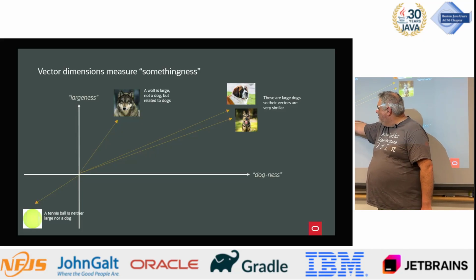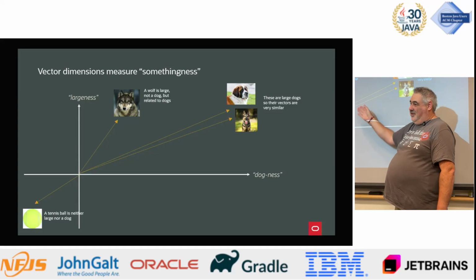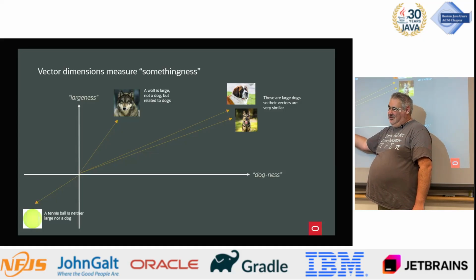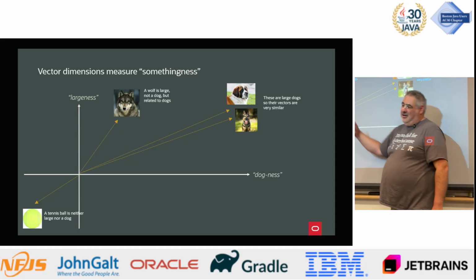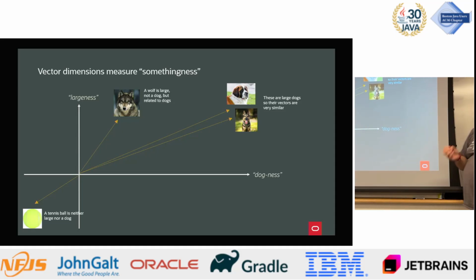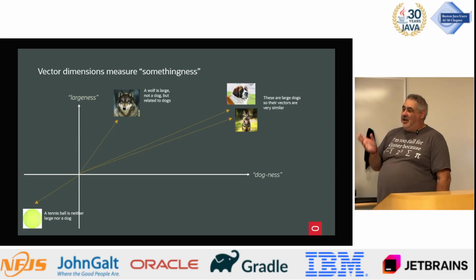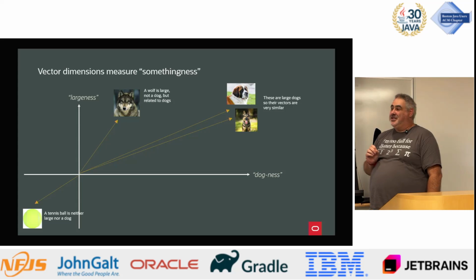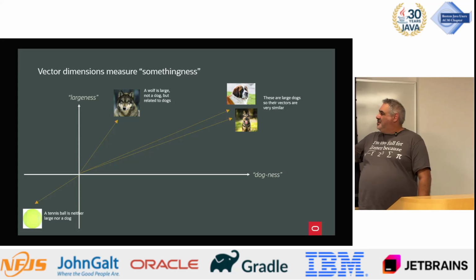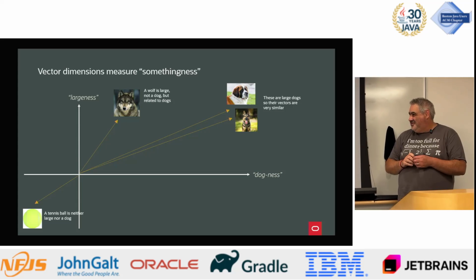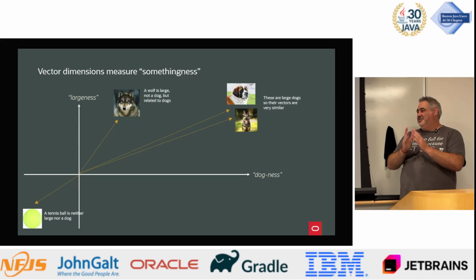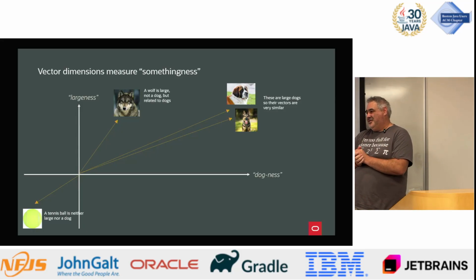If they happen to be here rather than here, it wouldn't matter. They still would be similar, right? Because the angle, and here the angle is almost 180 degrees, so it's very dissimilar. So cosine similarity, which is very, very good for text, doesn't consider the distance or the magnitude. It's only the difference in the angle, the spread.